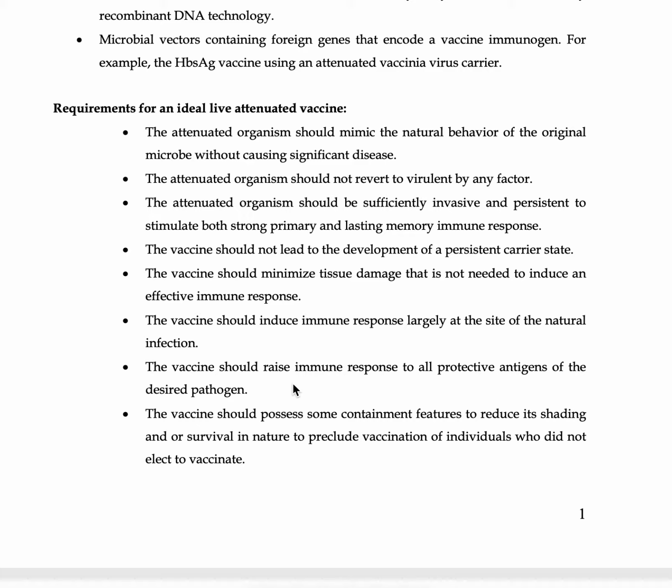If a pathogen wants to cause disease to its host, it has to escape the host defense mechanism, right? So for this, the pathogen uses different kinds of virulence factors. We call these antigens. So a good live attenuated vaccine should induce immunity against all these virulence factors, that means against all the antigens of that organism.